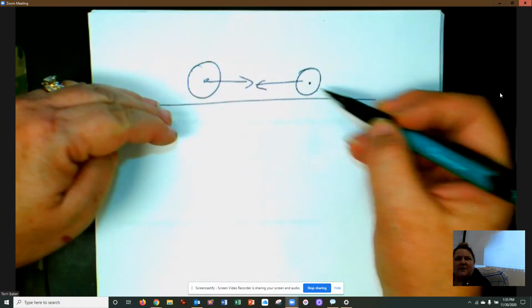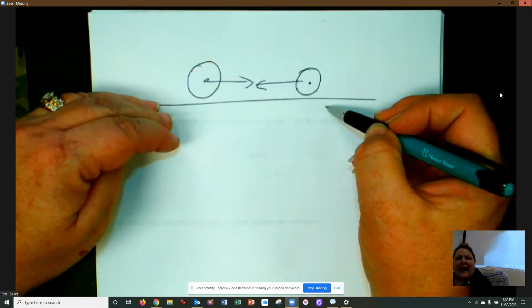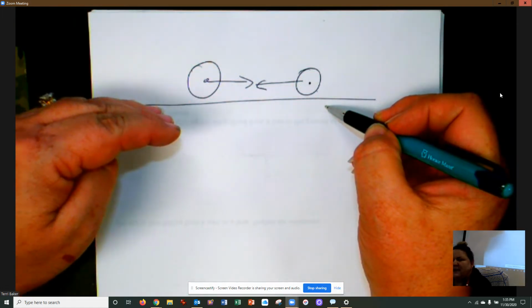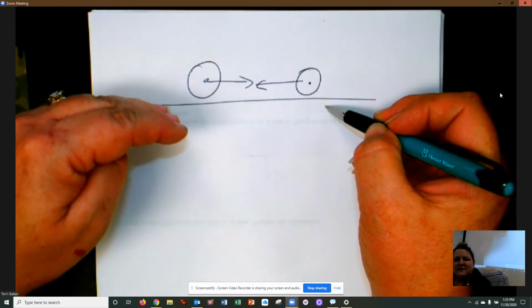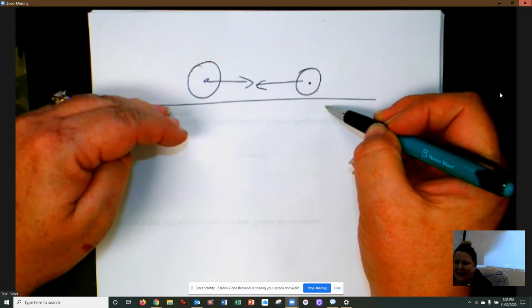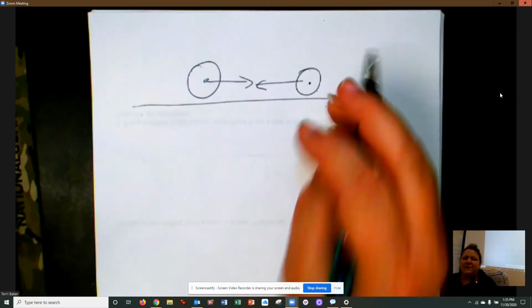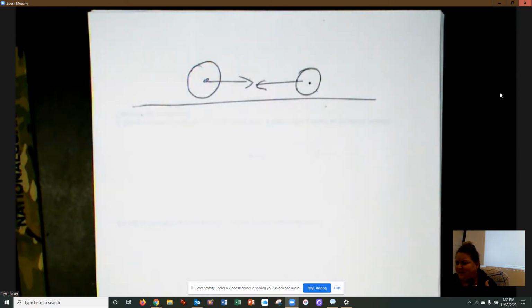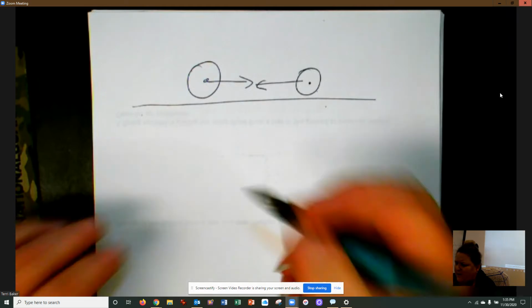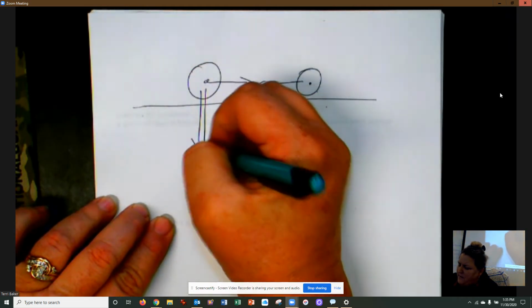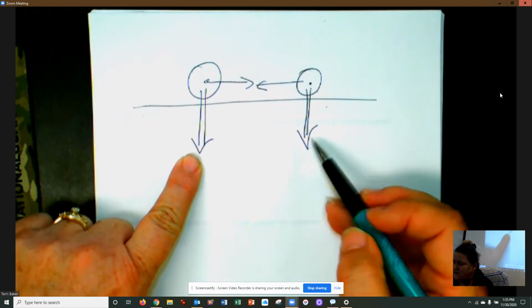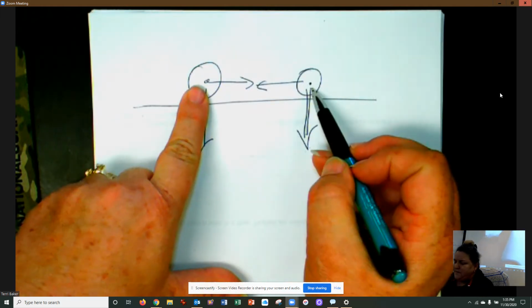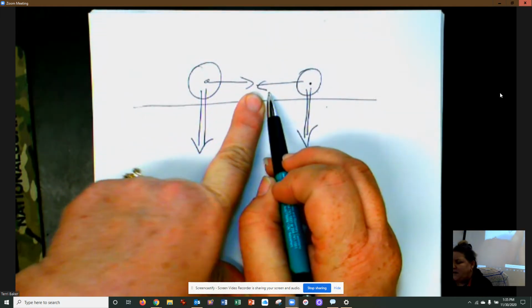But because they are sitting on the Earth and the amount of force gravity applies is proportional to mass, well, since the Earth is so much more massive than anything that's sitting on the Earth, the gravitational force of the Earth is greater than the force between these two bowling balls.